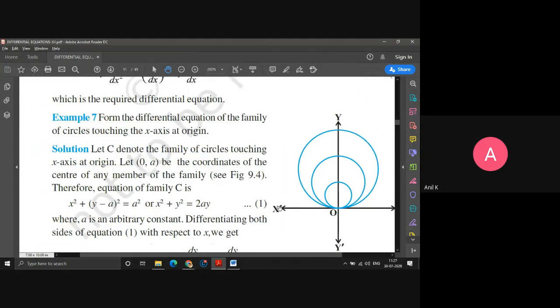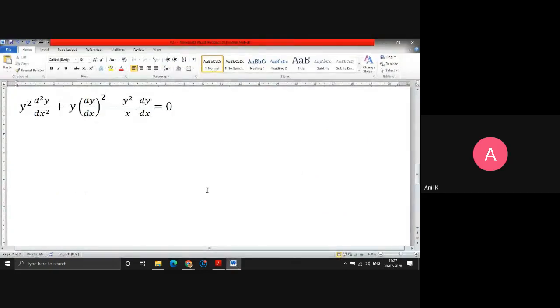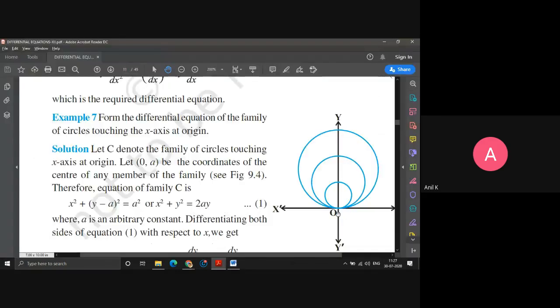So if you remember, I'll show you. This is example 7. Centers on the y-axis, touching the circle at origin. For example, if I take this circle with center at this point, I think we cannot edit the PDF here.